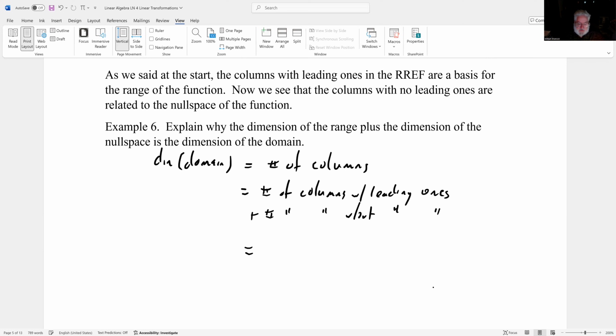But the number of columns with leading ones is the dimension of the range, and the number of columns without leading ones is the dimension of the null space. So every dimension of the domain either is preserved, right? It goes over into the range and becomes part of the dimension of the range, or it gets sent to 0, and then it goes into the null space.